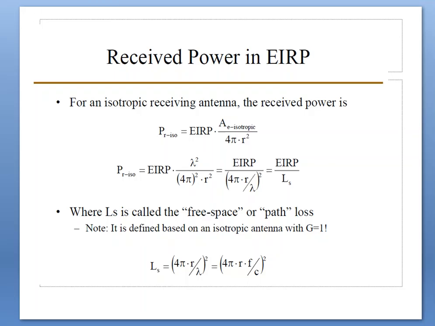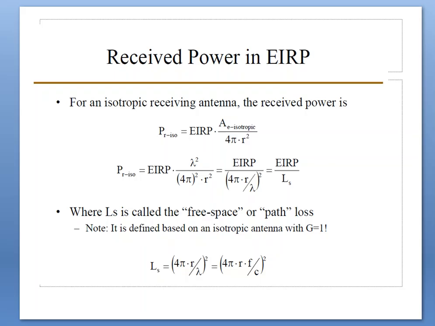Then we calculate the received power when the receiving antenna is isotropic. We substitute the above equations. Now the received power is equal to EIRP multiplied by effective area divided by 4 pi r square. Now the received power is equal to EIRP into lambda square divided by 4 pi whole square into r square. Why?